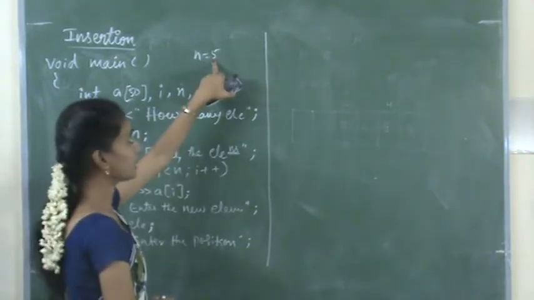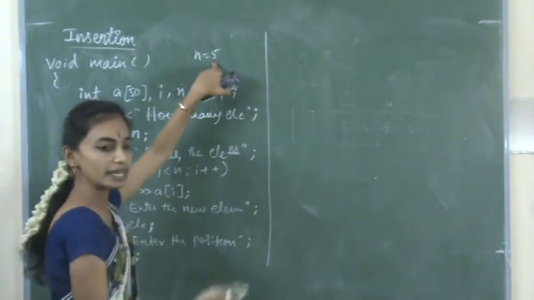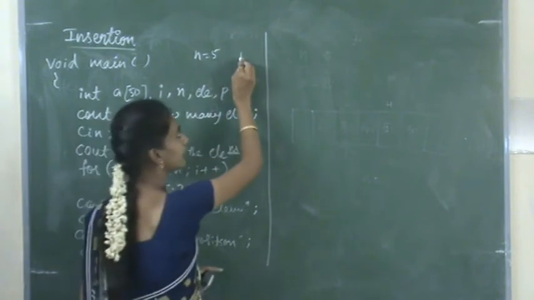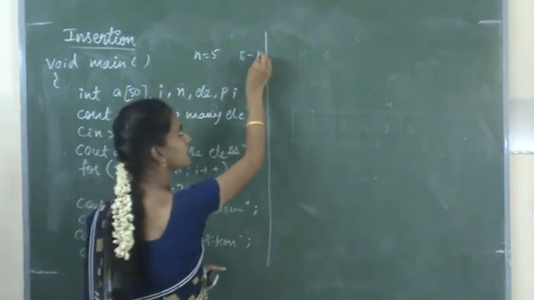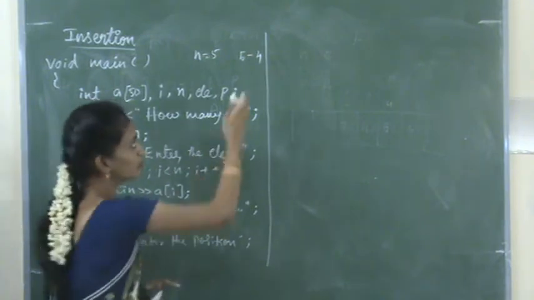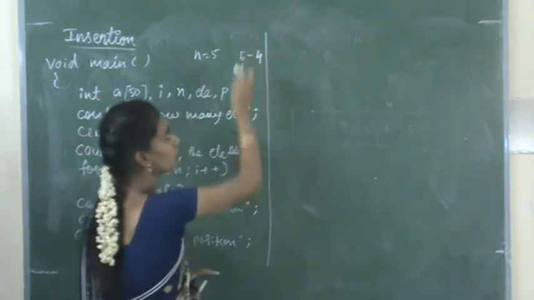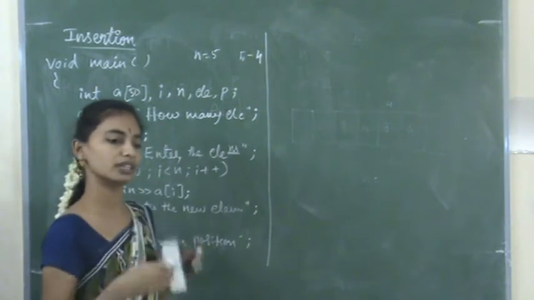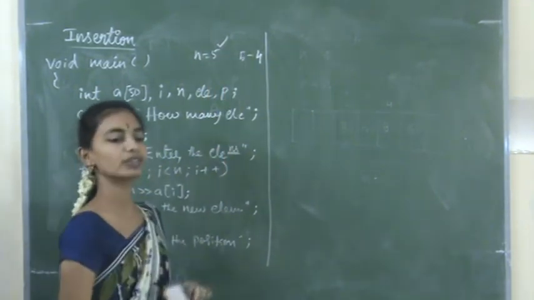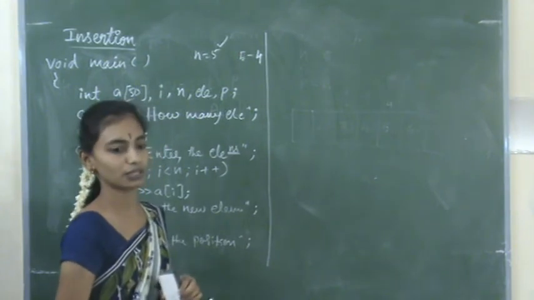If you want to enter a new value to an array, if n is 5, the array contains 5 values and the indices are 0, 1, 2, 3, 4, right? Before that 4, if we provide any position, we can insert. So if it is greater than n value, we cannot insert a new element into an array.